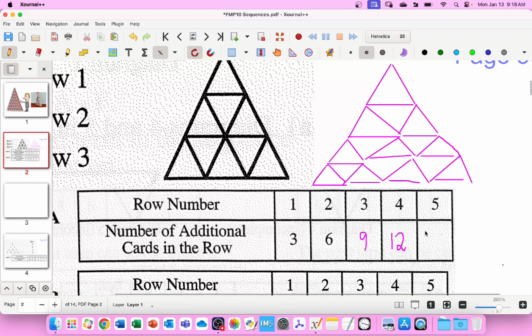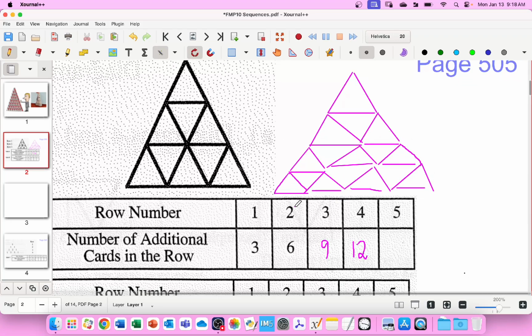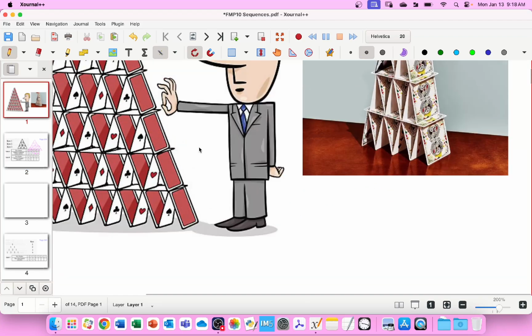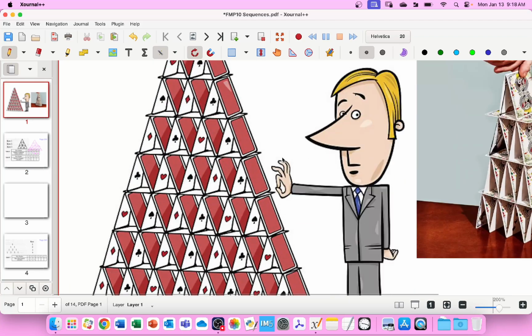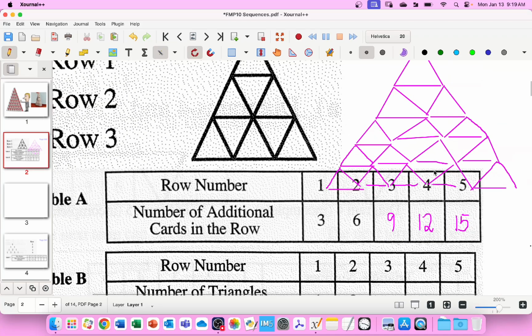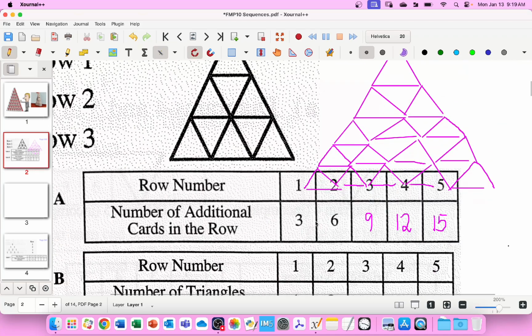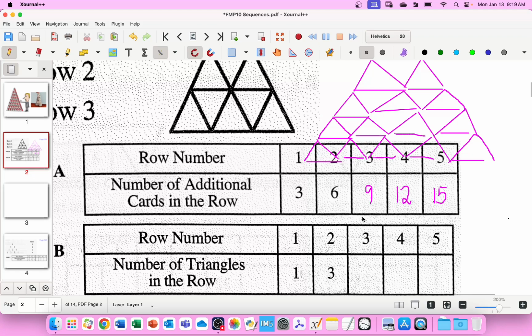For a 5th row, I'm going to have to add, kind of running out of space, but that's fine, 1, 2, 3, 4, 5, 6, 7, 8, 9, 10, 11, 12, 13, 14, 15. And you could imagine if you're trying to build a really, really big house of cards, then it would continue on like that for a long time.